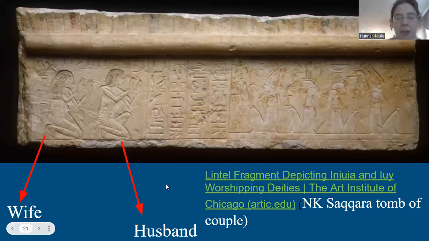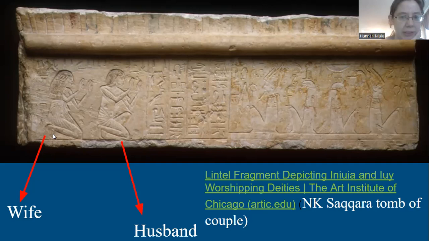This is also originally from the same overall site, Saqqara, but it's from one of these other New Kingdom tombs, and this is a husband and wife tomb. This is a lintel fragment. I think it was either in their actual tomb originally or possibly in their tomb chapel.